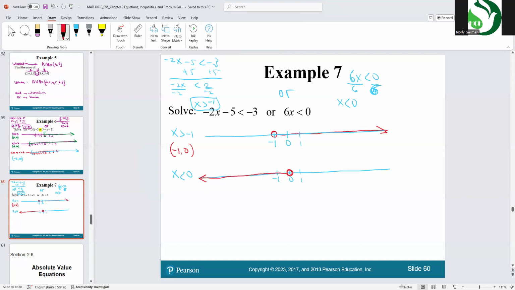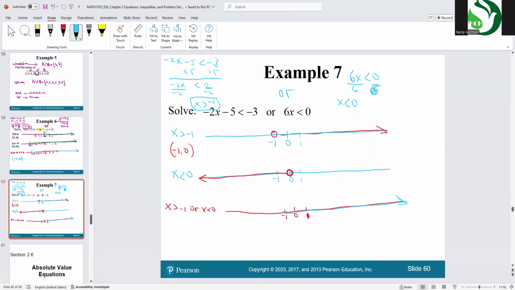So for the answer here, when we have x greater than negative 1 or x less than 0, if we construct something like this, 1, 0, negative 1, we start from negative 1 and go to infinity.